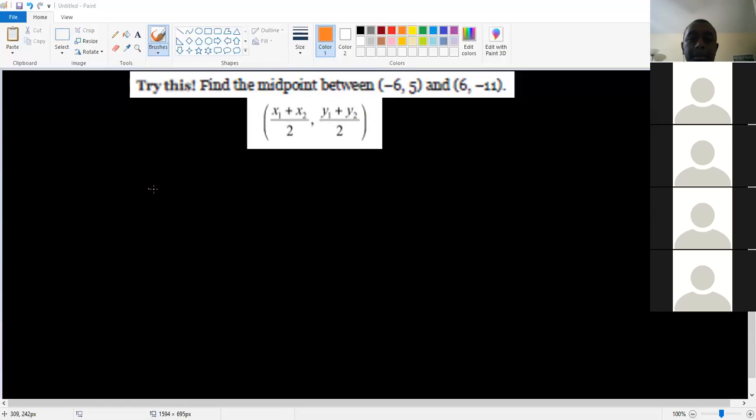I put -6 as X1 and 6 as X2, and 5 as Y1 and -11 as Y2. Okay. So then you plug them into the formula, correct? Yeah.